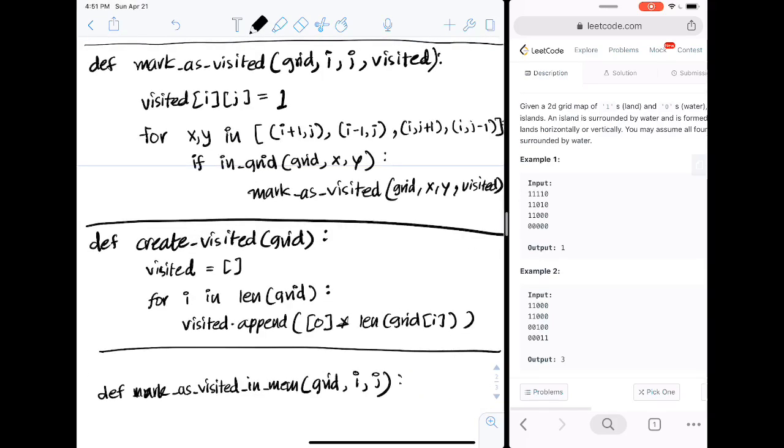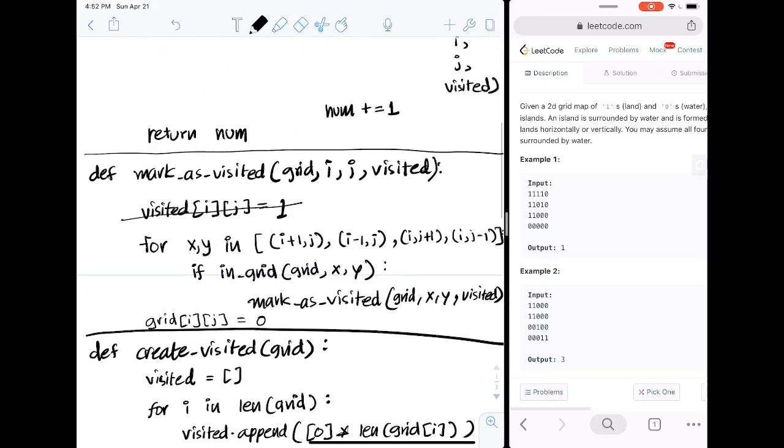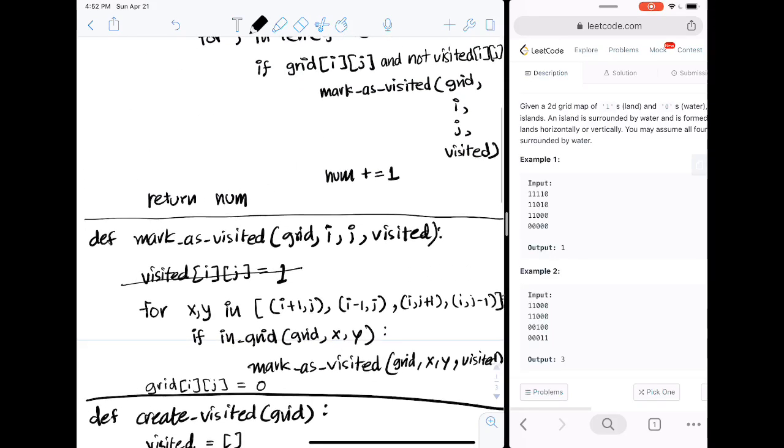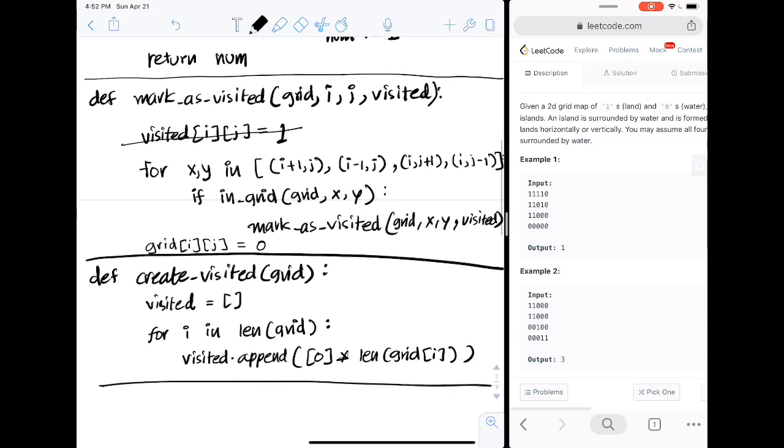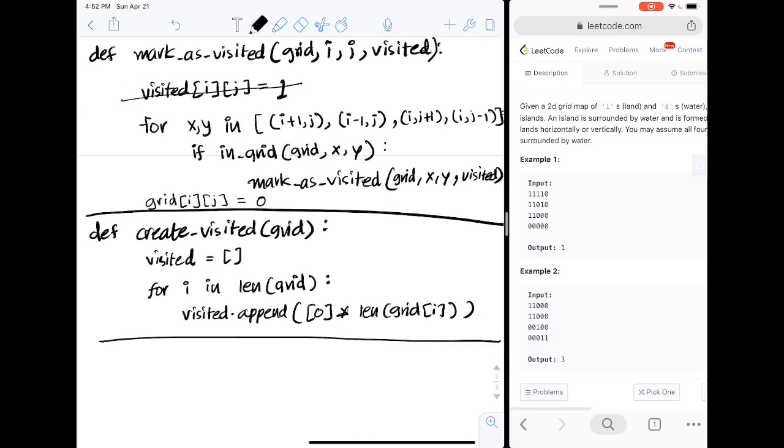Actually, it's not that complicated, because I could change a few lines here and do that. I would simply remove this line, and then over here I would add a line that says grid i j equals 0. That's it. Simple as that.